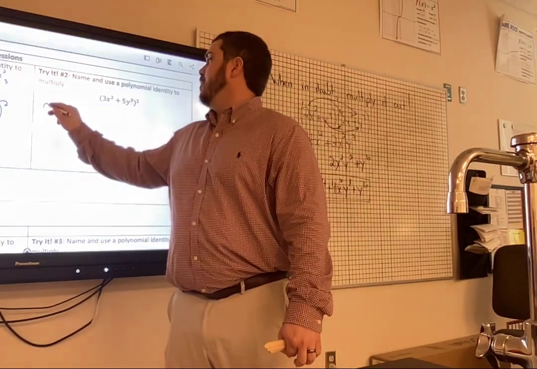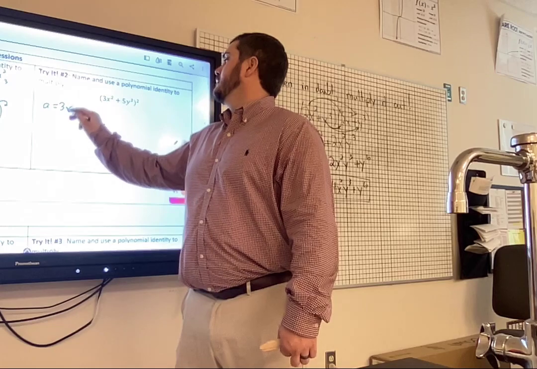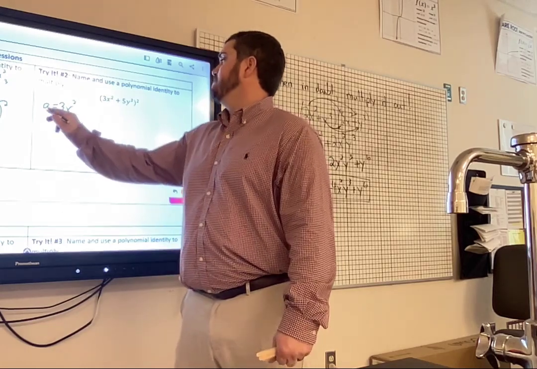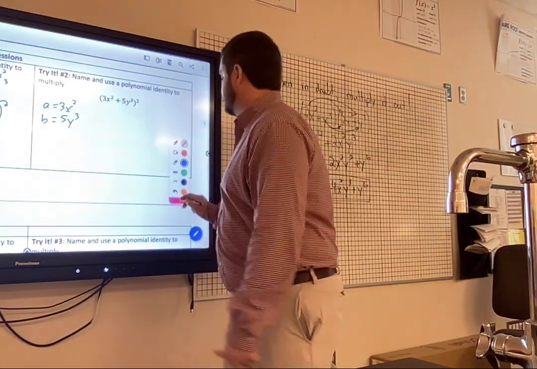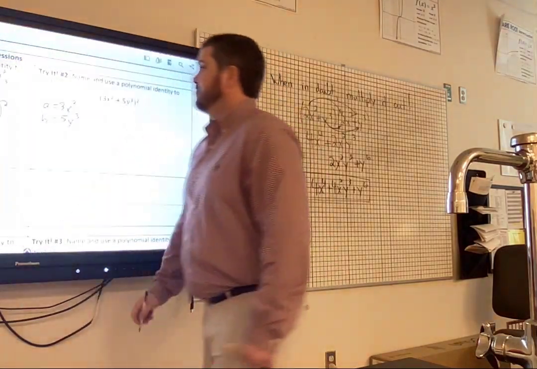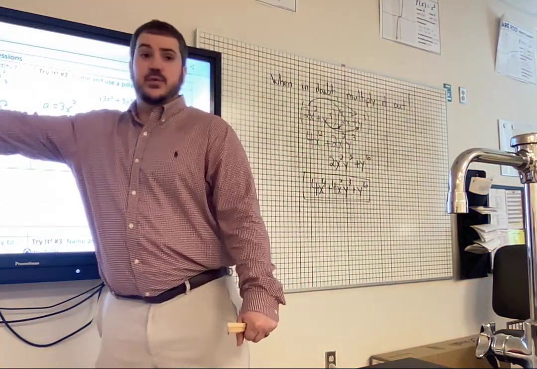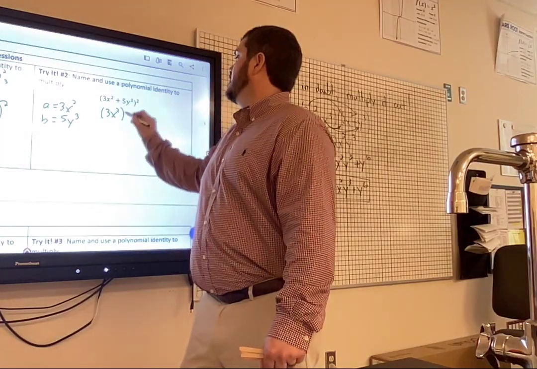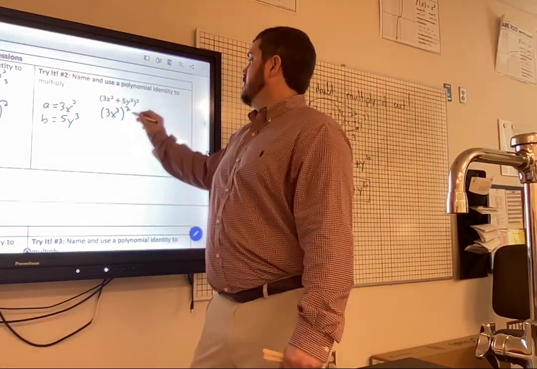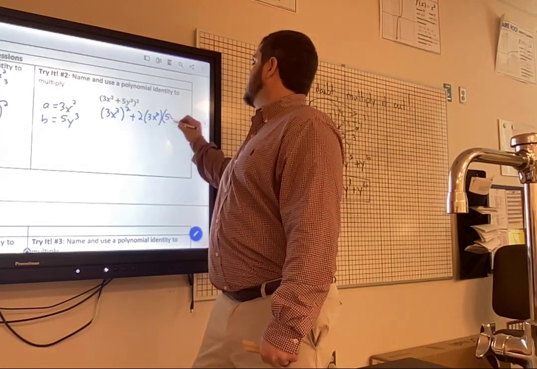For try it 2, what would A be? 3x squared. What would B be? 5y cubed. If you use the identity, I'm not going to rewrite it. You would do A squared, so (3x squared) squared, plus 2 times 3x squared times 5y to the 3rd.